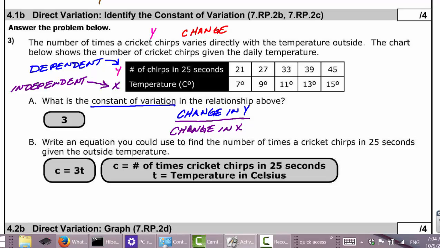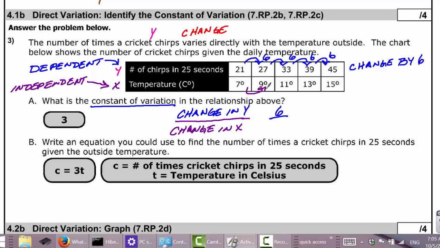So let's take a look at the change in the y value. 21 to 27, that's a change of 6. 27 to 33, a change of 6. There is a consistent change by 6 in these dependent values. How about the independent values?